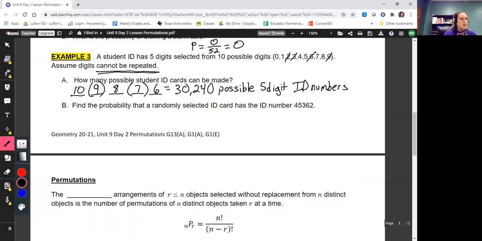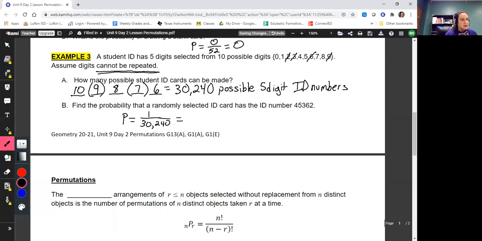Our next one, we want to find the probability that a randomly selected ID card has the ID number 45362. Okay, so if this is the ID number, then there's only one ID that can have it. So our probability is 1 in 30,240.